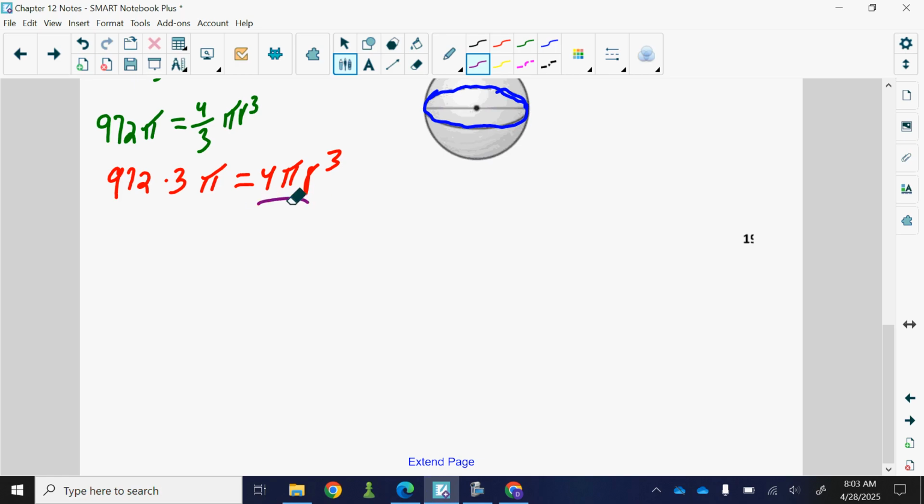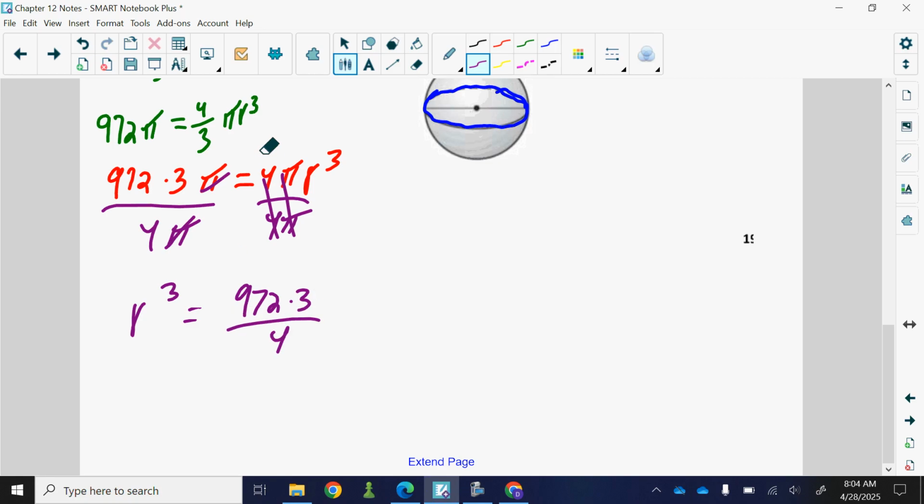So now we divide both sides by 4 pi. So now we'll have r cubed equals 972 times 3 over 4, because the pi's go away.